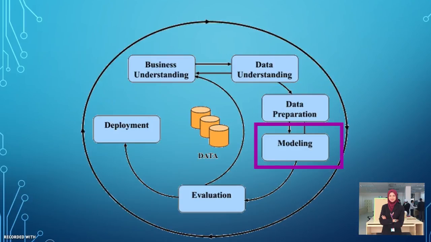And for the modeling, we select the data that we want to use, the 5 data that we want to use. We clean the data by removing the missing values. We construct and integrate all the data that we want to use for the mining process.